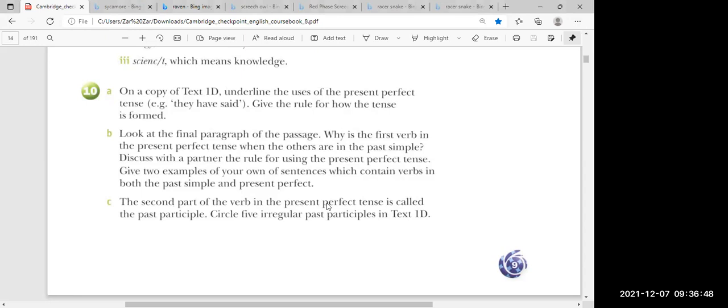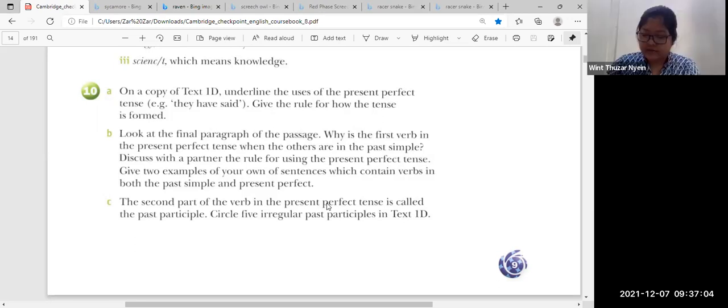Yeah, I think the present perfect tense is like to show something that has happened recently, but the past tense is to show something that happened a long time ago. Okay. So you want to mean here they want to mention the event that happened recently.